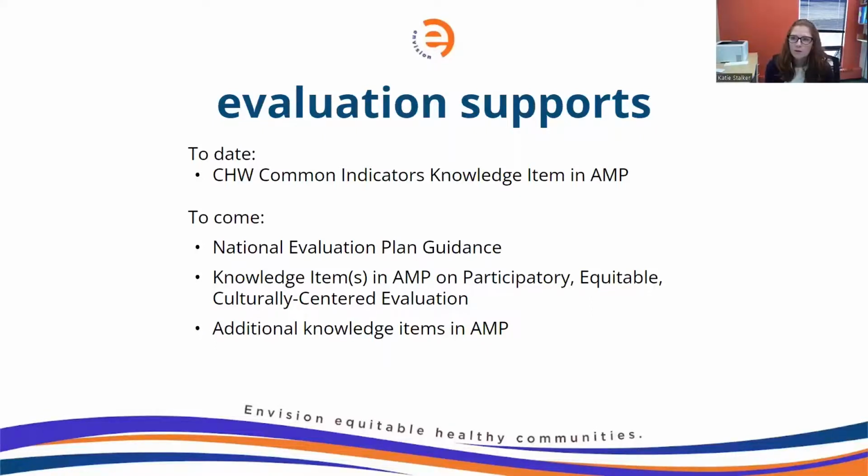You can also access information on how to operationalize the Common Indicators. And there are also links to data collection tools in different formats that you could actually use to collect some of the Common Indicators data. So definitely check that out on AMP if you haven't done so already.